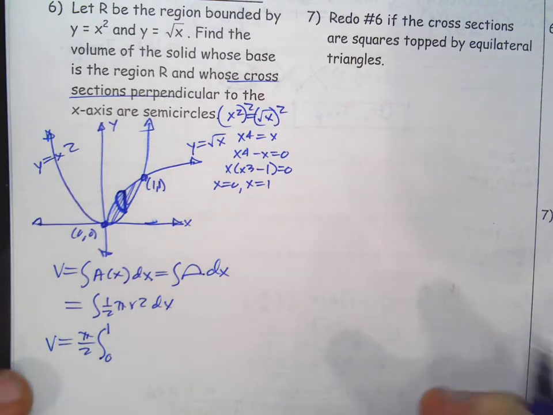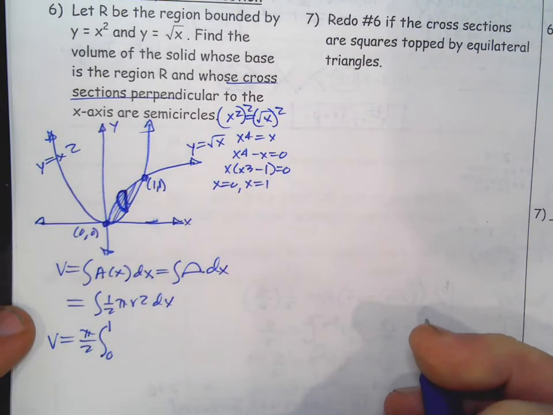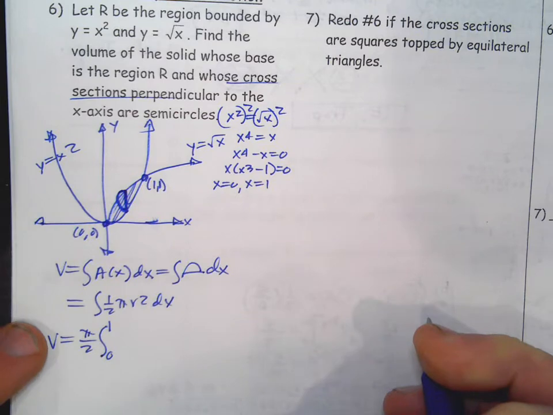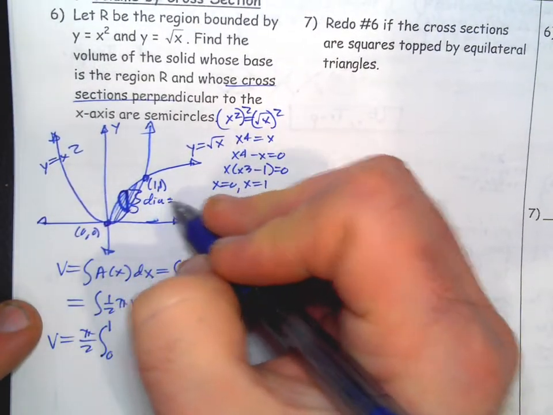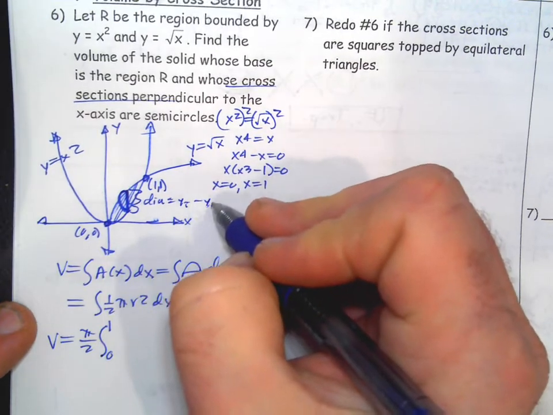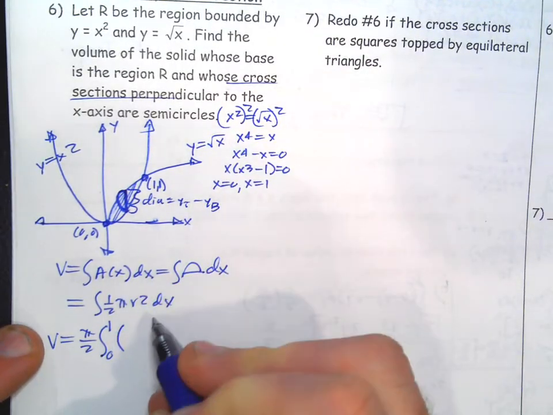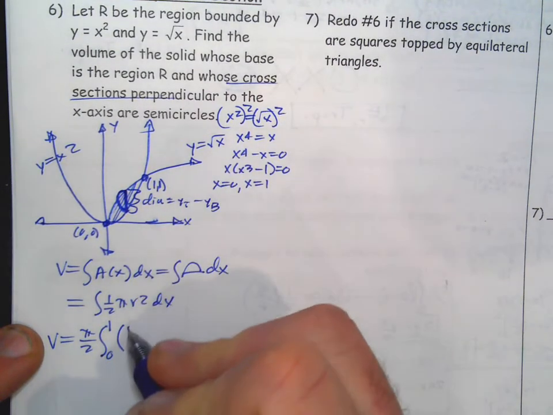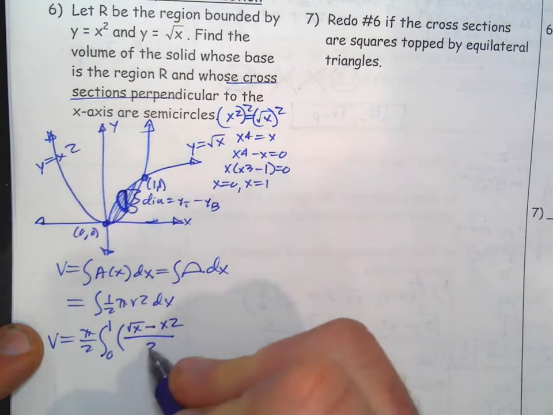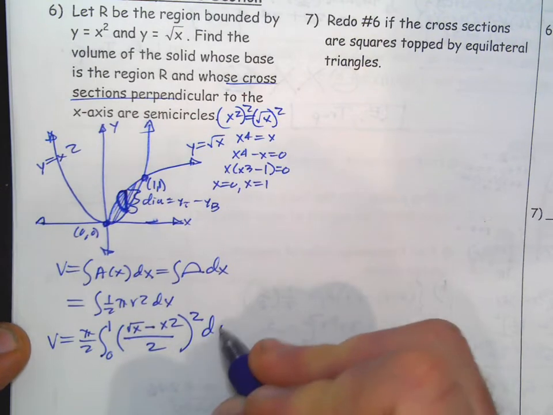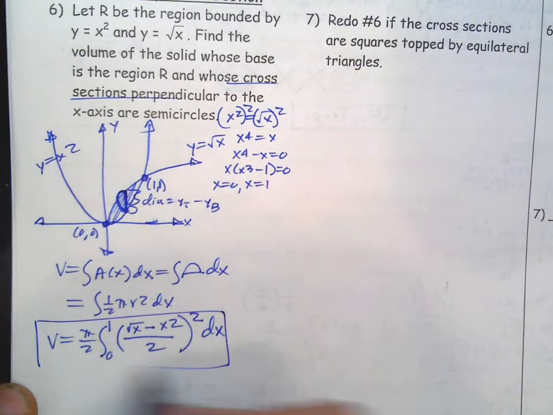It would go against what they described. So the radius, this is the diameter. The diameter is y top minus y bottom. The radius would be half of that. So y top is square root of x. Y bottom is x squared, divided by 2, squared, dx. So this would be good enough for your setup.